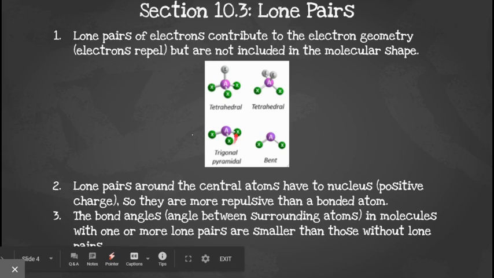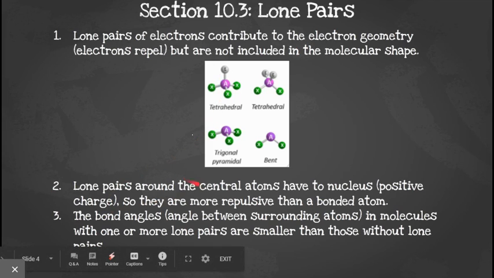So these two are going to repel because there are electrons spinning around the X atoms. But these electrons up here are even more repulsive because there is no positive center to them. So they're just up here repelling all of the X's and pushing them away with a greater strength than if this was a bonded atom.